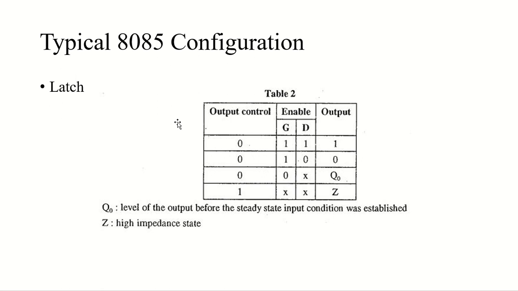And when there is no enable, the output control will be 1, which means it will go into the high impedance state.